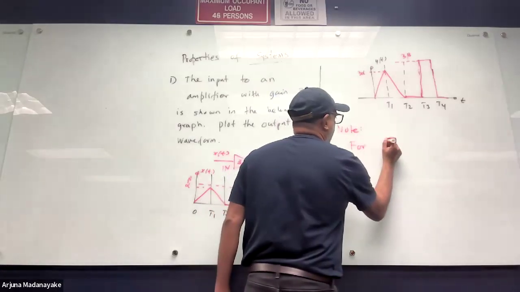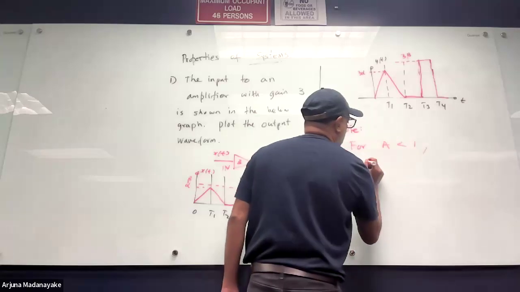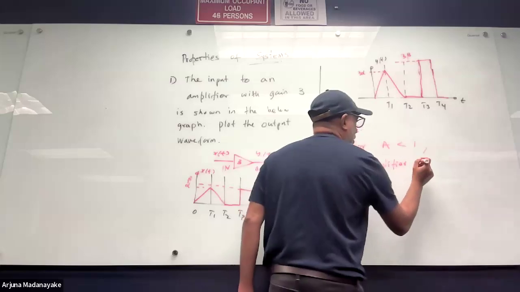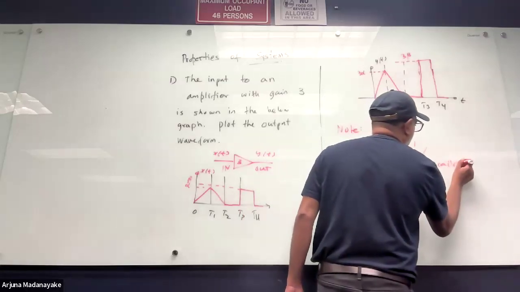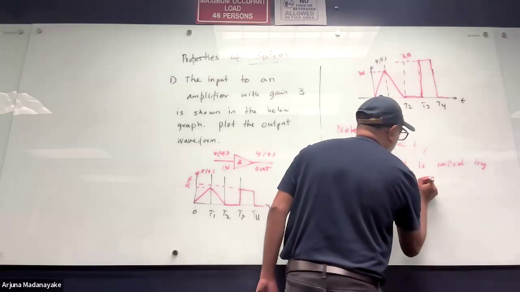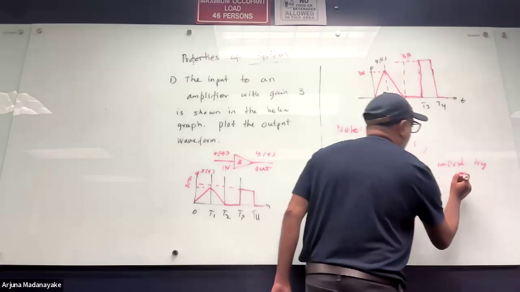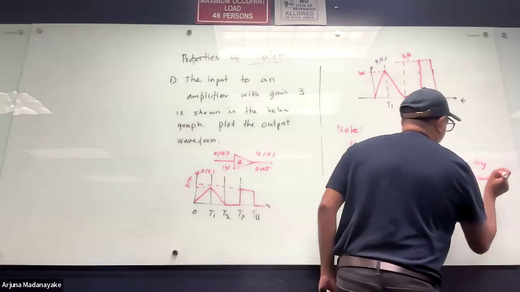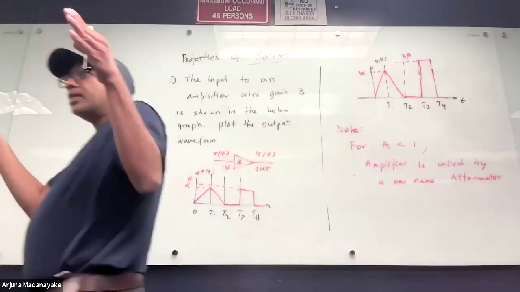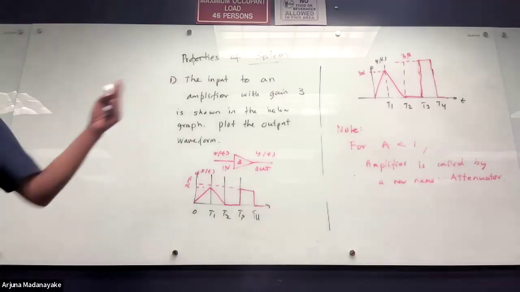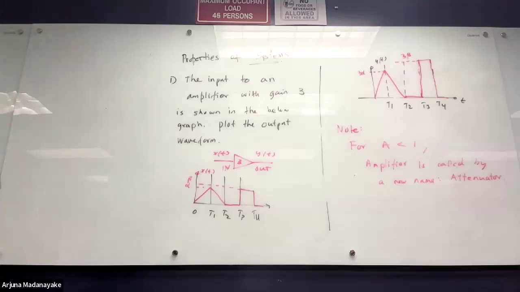For A less than 1, the amplifier is called by a new name, attenuator. So attenuators make the signal smaller, right? You can think of it as a special case of amplification where you don't actually make it bigger, you make it smaller than the input.